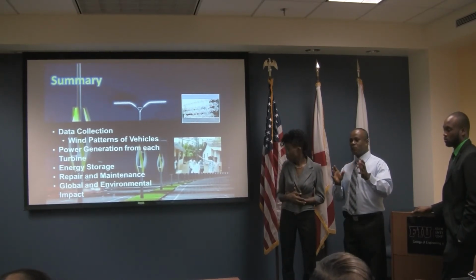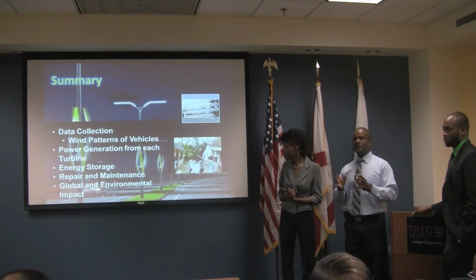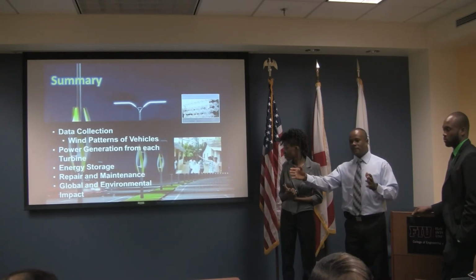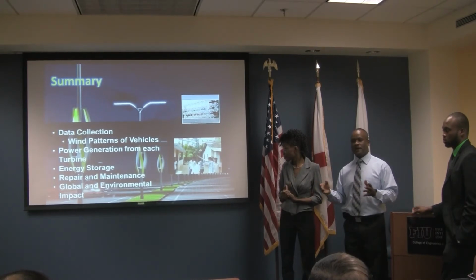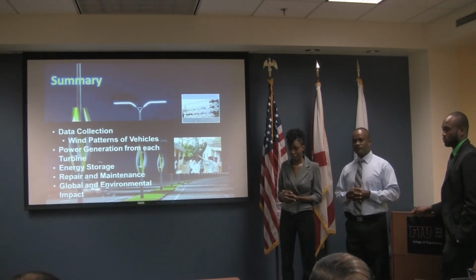We can accept wind from anywhere. It does not necessarily have to be a moving vehicle, because moving wind is going to create lift on any one of these blades and turn our turbine whether cars are passing or not. Cars are just one thing that is going to give us more drag and generate more electricity.